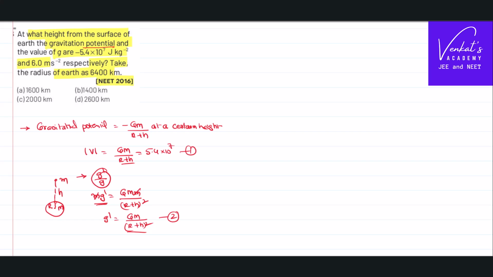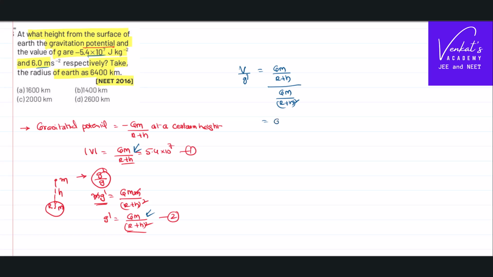Both of them have r plus h in the denominator. Let's take V by g dash, gravitational potential by g dash, because both these values are given in the problem. It becomes GM by r plus h divided by GM by r plus h whole square.